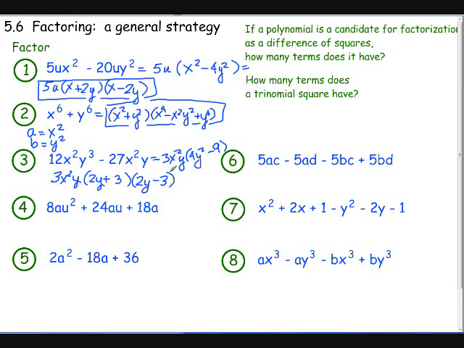So we're finding we can keep going quite often. And this one, notice how we begin to see other opportunities once we factor out that common monomial.